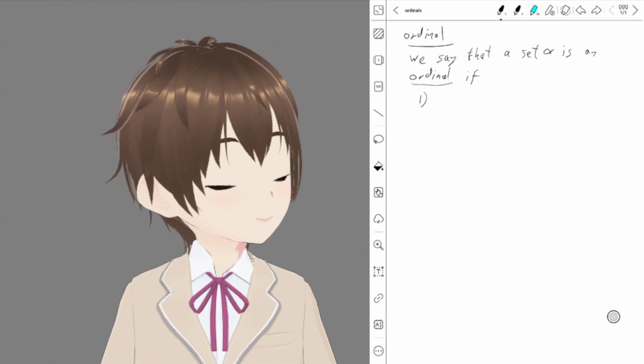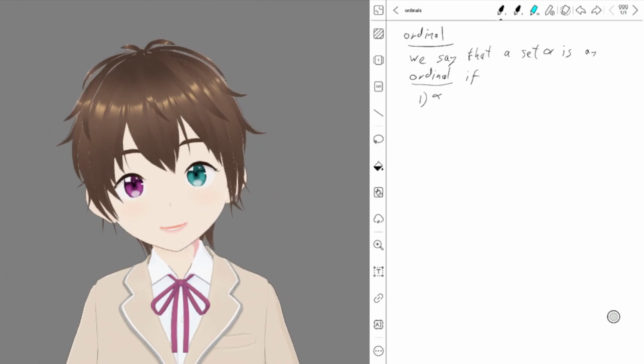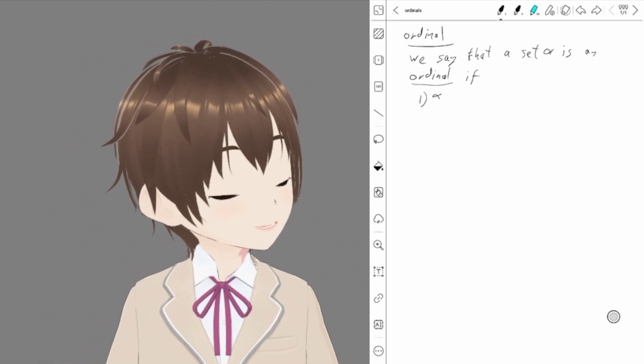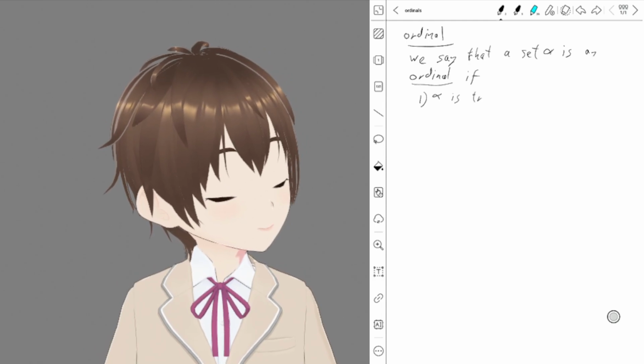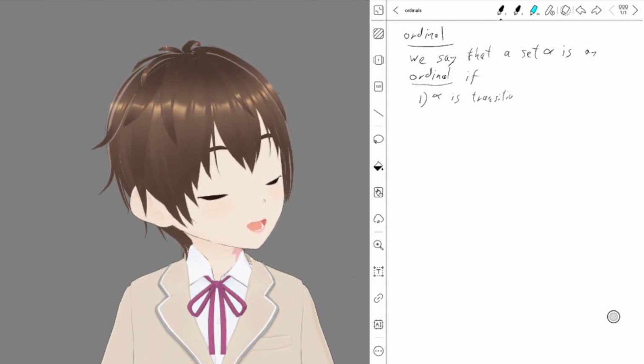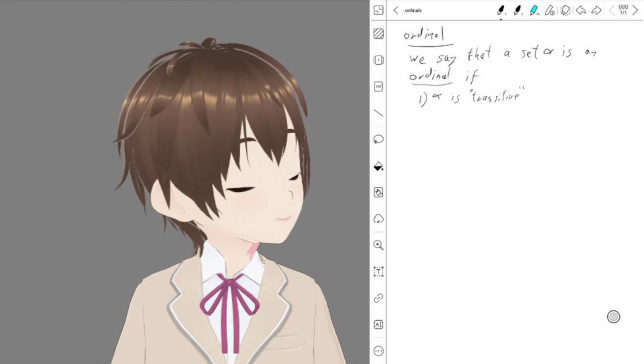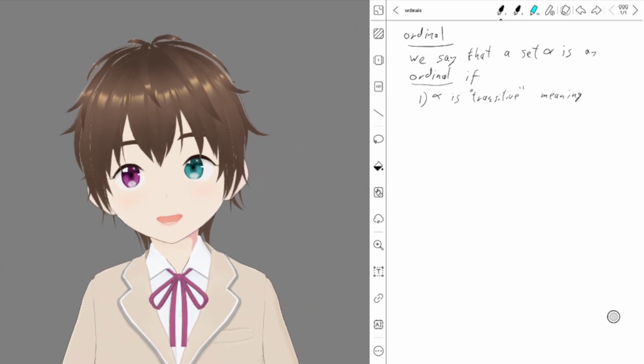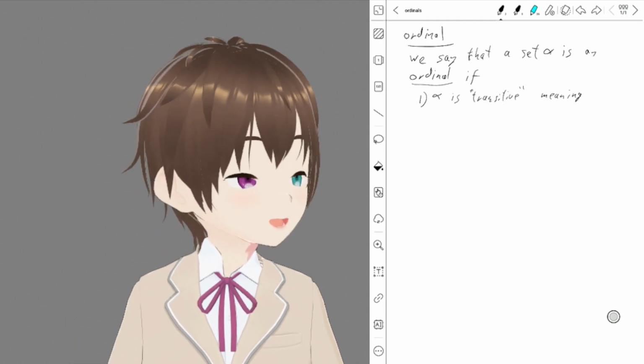One, alpha is what's called a transitive set. This relates to the transitive condition in the previous video. So this is a slightly new sense of the word transitive, but it's related to the other one.